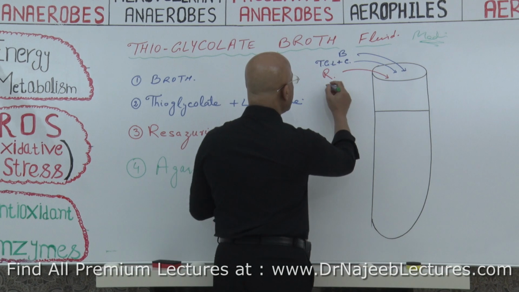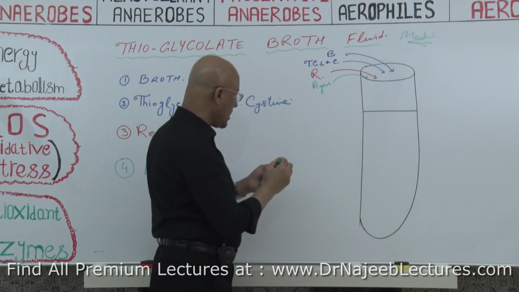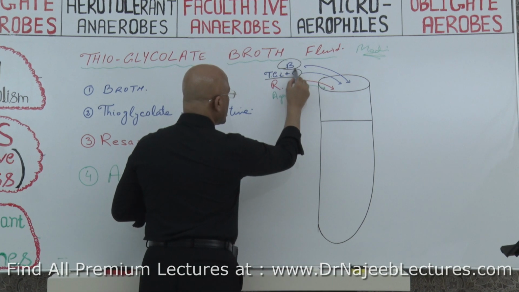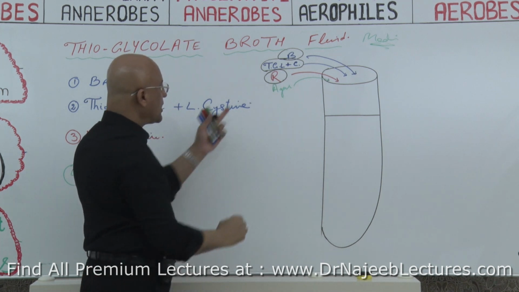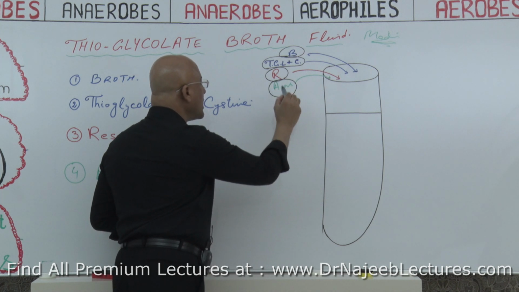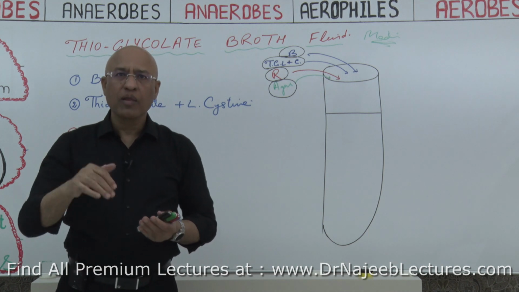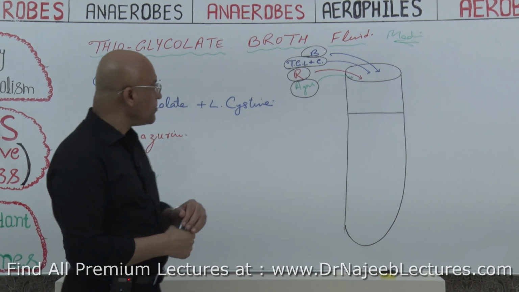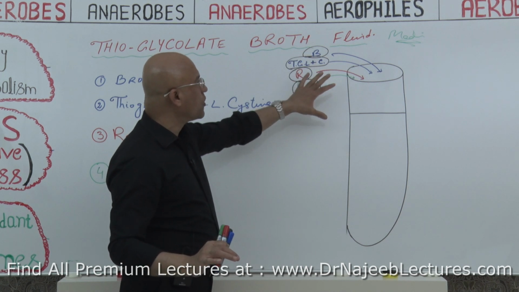Yes, a small amount of agar is also added. Now there are four things added. Number one, broth for nutrition, thioglycolate and cysteine as reducing agents, resazurin as oxygen indicator, and agar to reduce the oxygen penetration or movement in the tube, right? Now, these are the 4 important components. There are other components also, but these are the 4 you should know.